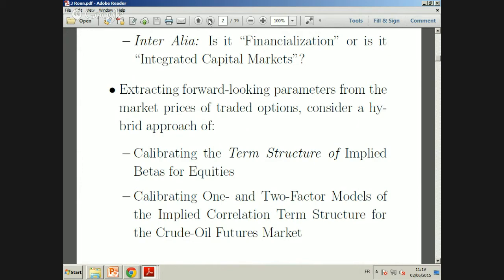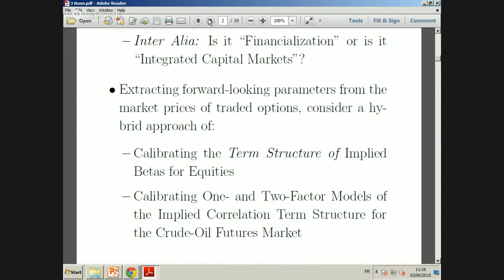That at least potentially has something to say beyond just energy, and that is the issue of can we extract a term structure of implied betas and what implications that might have for capital budgeting decisions by corporate finance people. And then the issue of calibrating 1 and 2 factor models of the implied correlation term structure for the crude oil futures contract. We'd like to talk about that as well as I present the model to you.